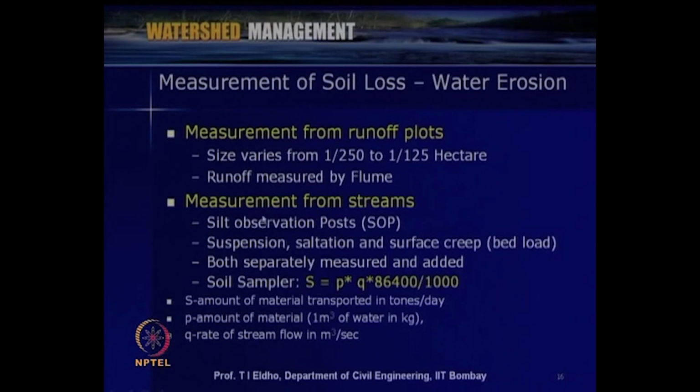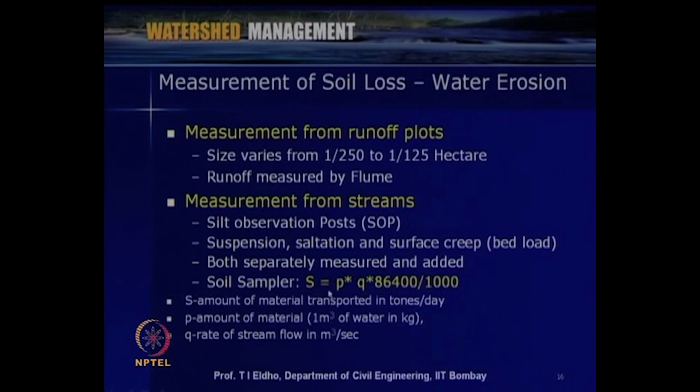And then in streams, measurement can be done using silt observation posts. The erosion in streams can be due to suspension, saltation, and surface creep, like bed load. Suspension and bed load are both separately measured and added together. For example, if you are doing sampling, we can take samples and identify how much erosion takes place.